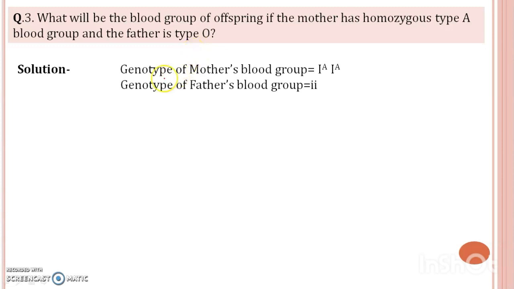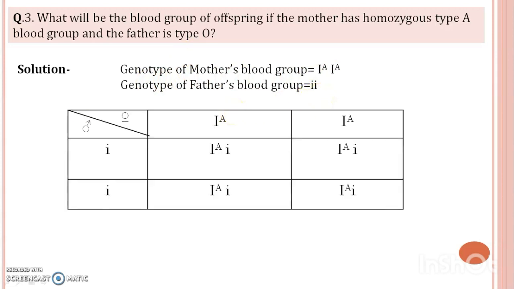Okay, so we have to write the genotype of the mother and the genotype of the father. Then we will solve it using the Punnett square. On one side we will represent the female, and on the other side we will represent the male. So for the female the alleles are IA, and for the male the alleles are small i, small i.